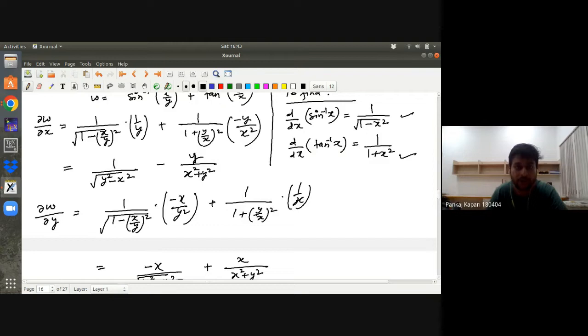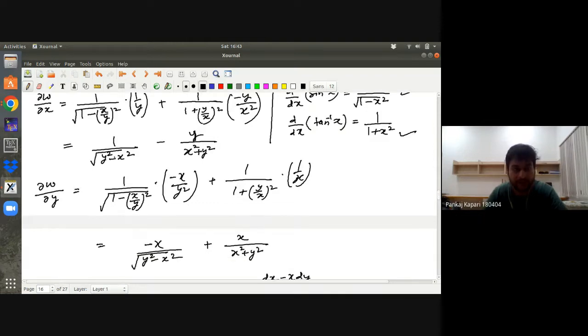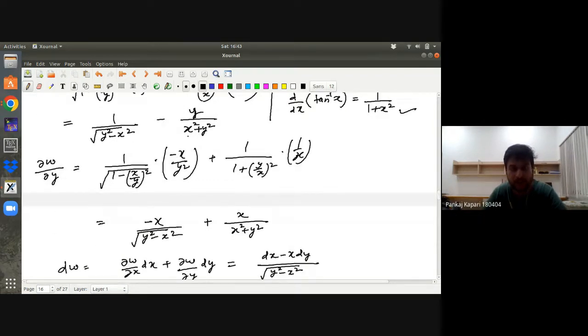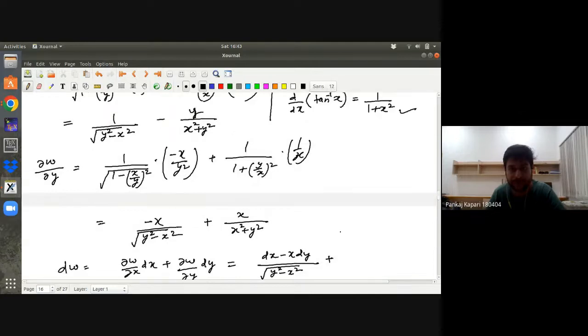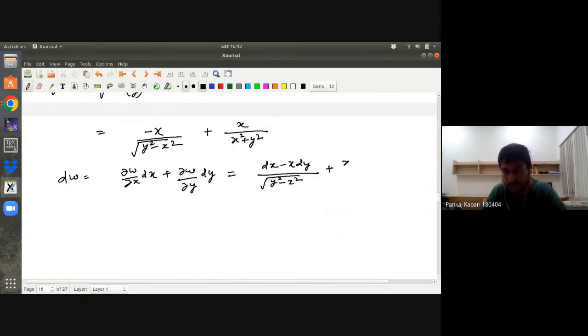You can collect the fractions where there is a square root and then collect another fraction where the square root is not there in the denominator. You collect these things and write them separately. It is plus x dy minus y dx divided by x square plus y square. So this is the total differential of w.